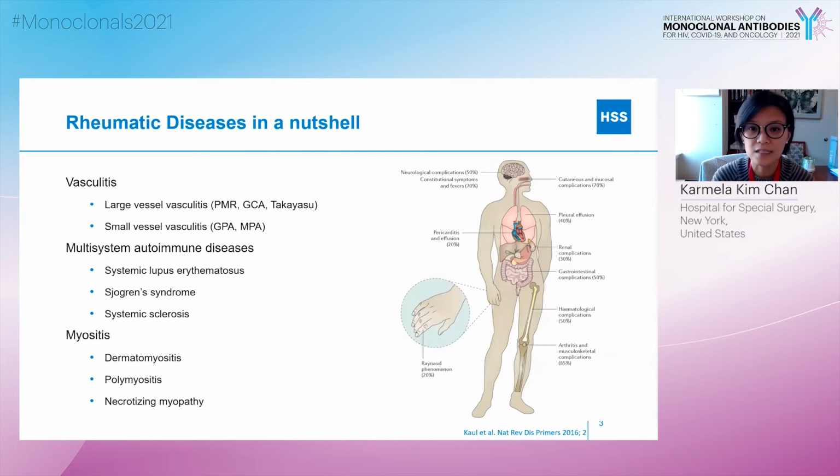The vasculitides are conditions that, by definition, involve inflammation of blood vessels. These are traditionally grouped according to the size of the blood vessel involved. Disease manifestations are related to the organs supplied by their respective blood vessels.